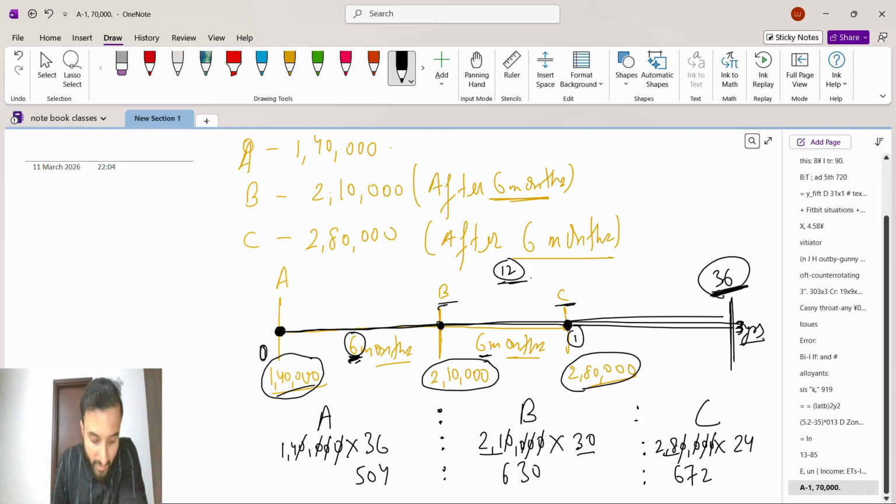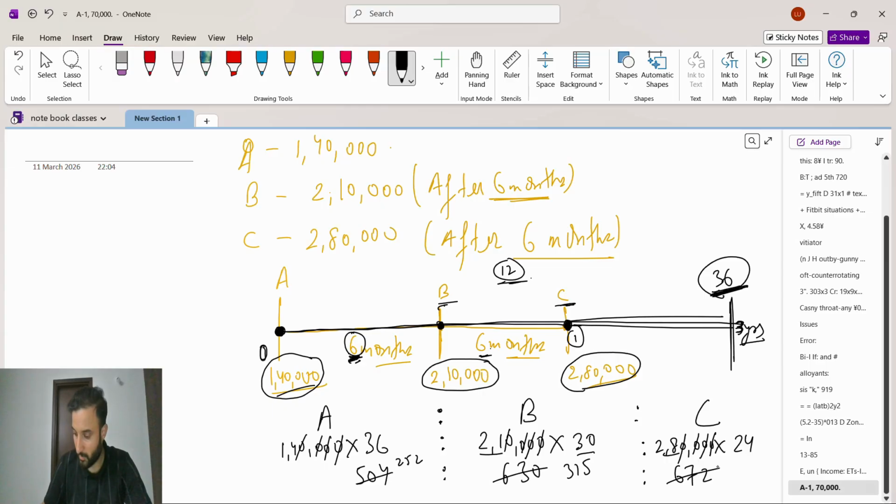So guys, 504, 630, 672. It will go by 2. 504 divided by 2, 252. 315. 336.